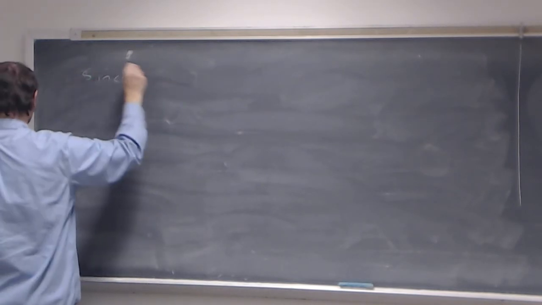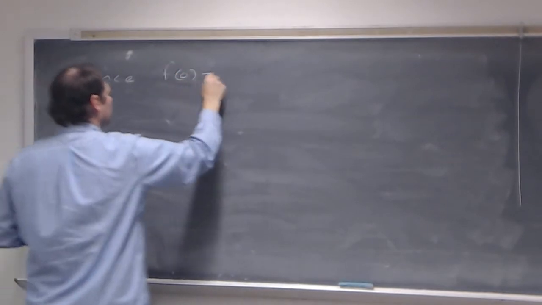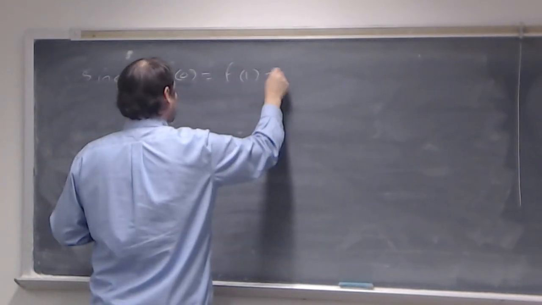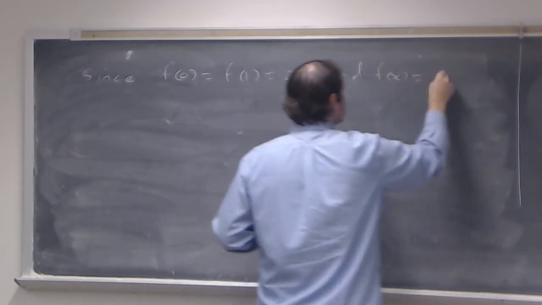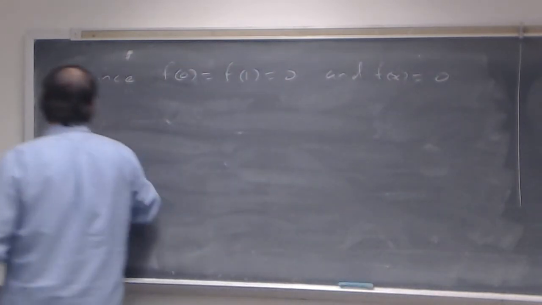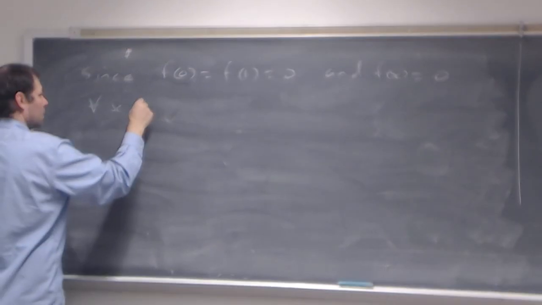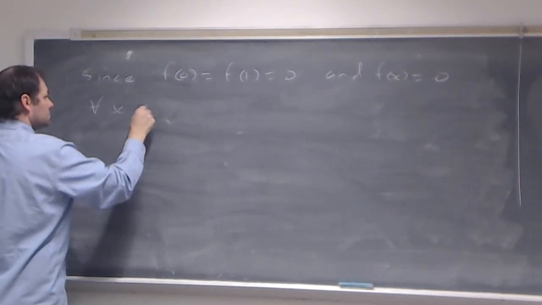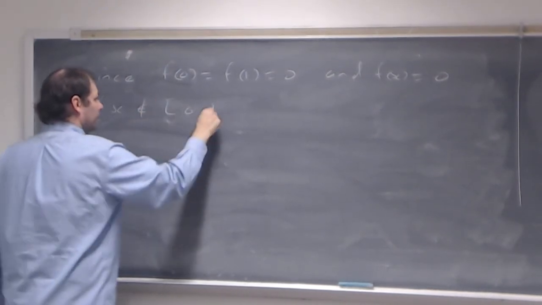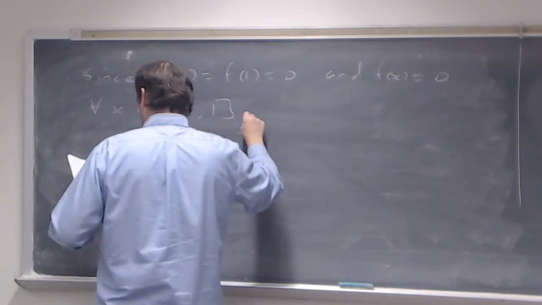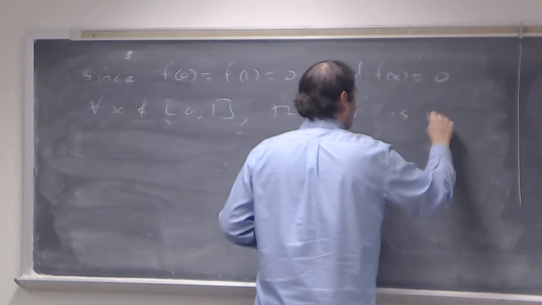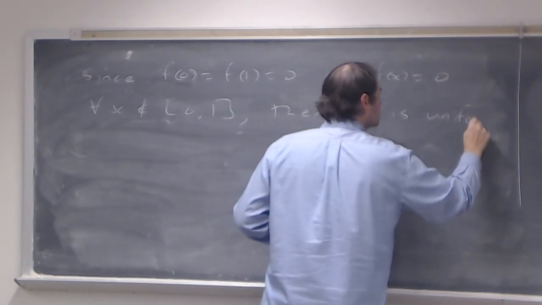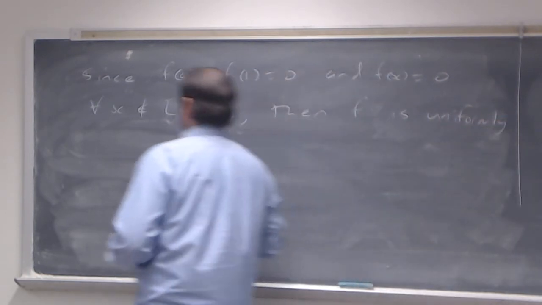Since f of 0 equals f of 1, which equals 0, and f of x equals 0 for all x not in 0 to 1, then f is uniformly continuous on R.